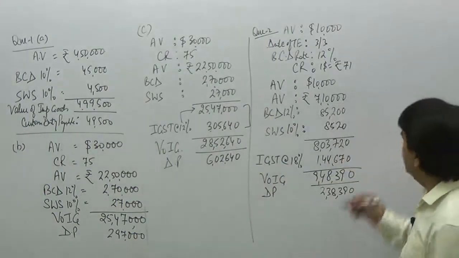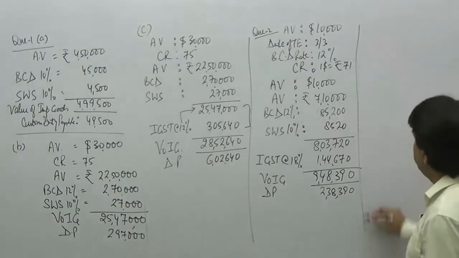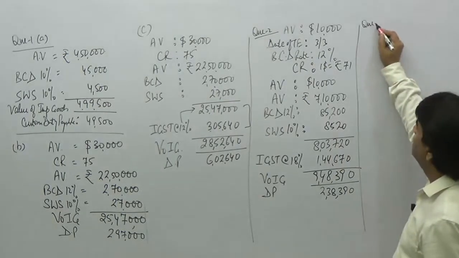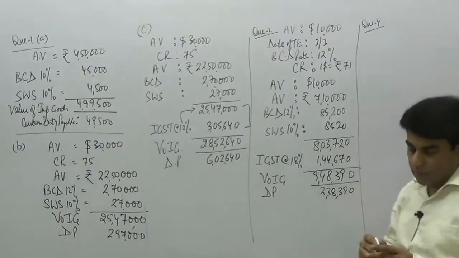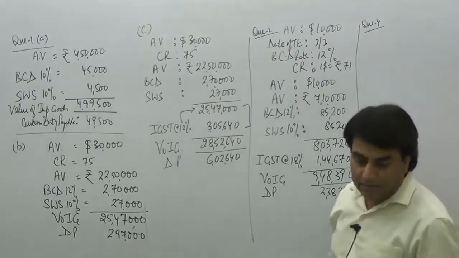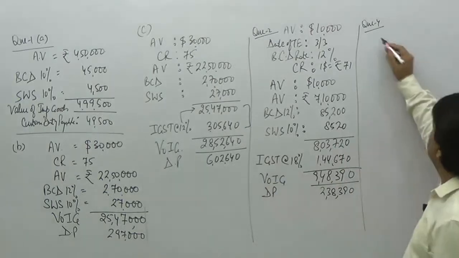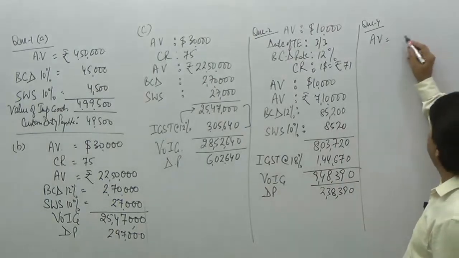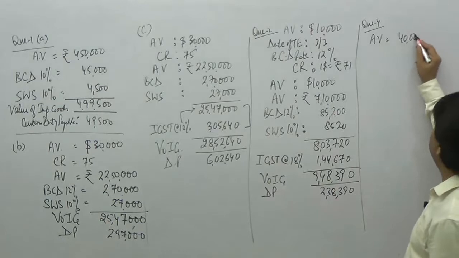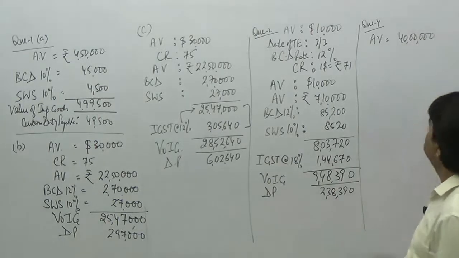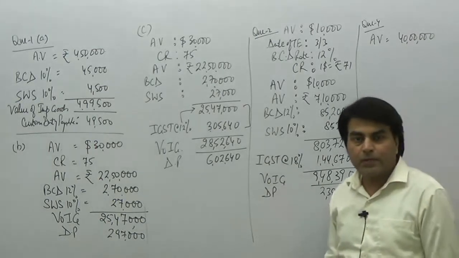So it is question number 4. Assessable value is given as 40 lakhs. Assessable value in rupee terms, this is 40 lakhs. Okay.